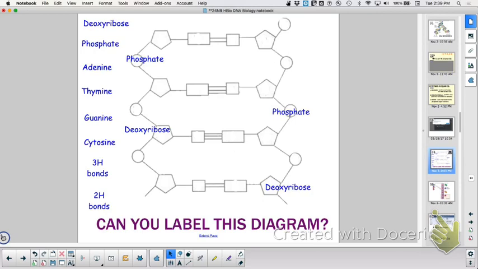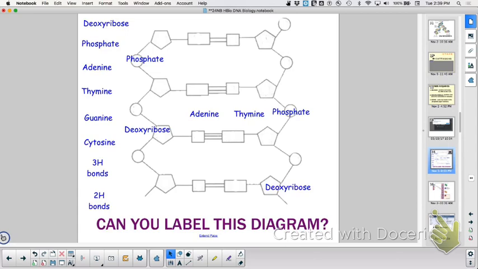Okay, what else could you tell me to label? Adenine and thymine. Okay, so let me pull out an adenine and a thymine, and you tell me where they go. Okay, how many hydrogen bonds between adenine and thymine?